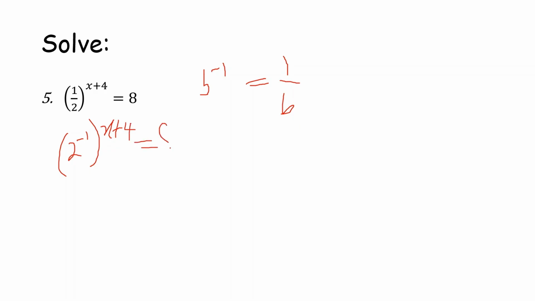Now, I can expand the bracket. By expanding the bracket, I have 2 raised to power minus 1 minus 4. Remember, we are multiplying with a negative sign. So I can rewrite my 8 to have a base of 2. So if I write 2 raised to power 3, it still means 8.